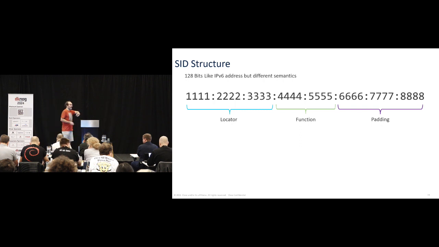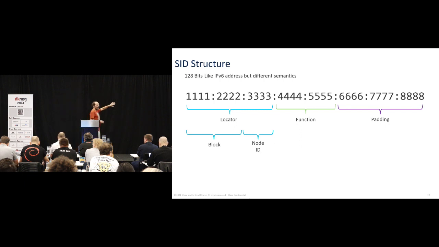Just zeros, because we don't need to use them. We can split the locator further, into the block and the node ID. And if you remember that previous example, every router in that segment routing network has the same block. Sure, please, question.